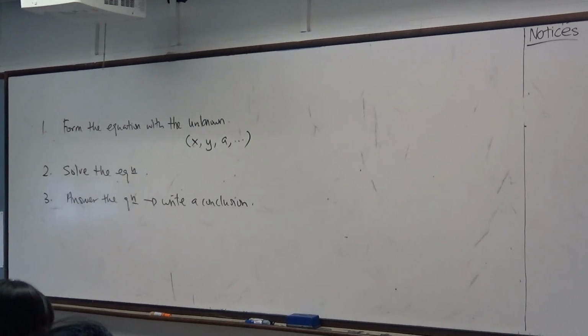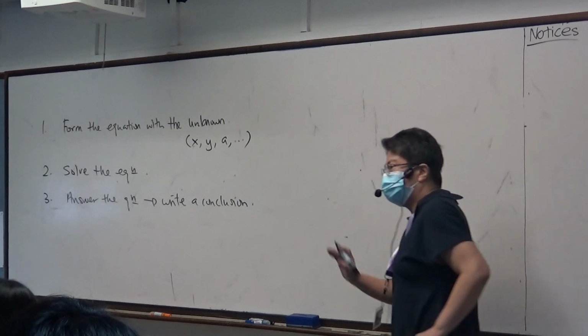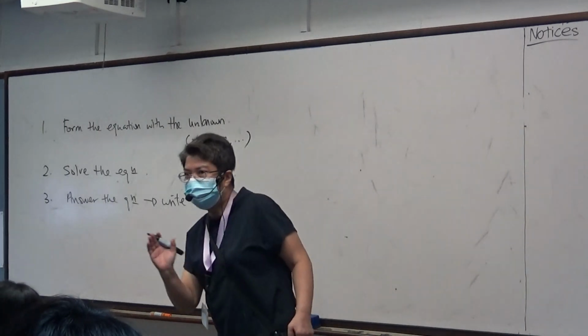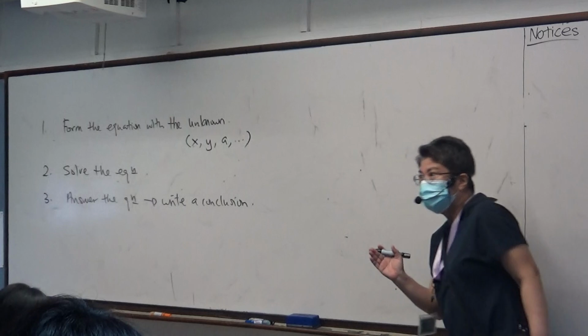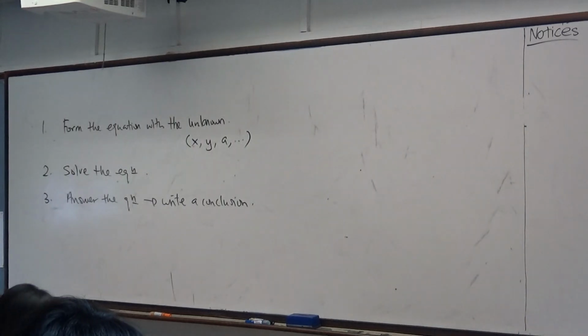Okay, so form an equation with the unknown, solve the equation, and lastly, write a conclusion or answer the question. It's a comprehension passage, but we must answer it mathematically, that's all. Everybody clear? Okay, I know all of you are experts in model drawing and so on, okay? But you must shift from the model to algebra. Clear? Okay, model is no longer that good in secondary school.